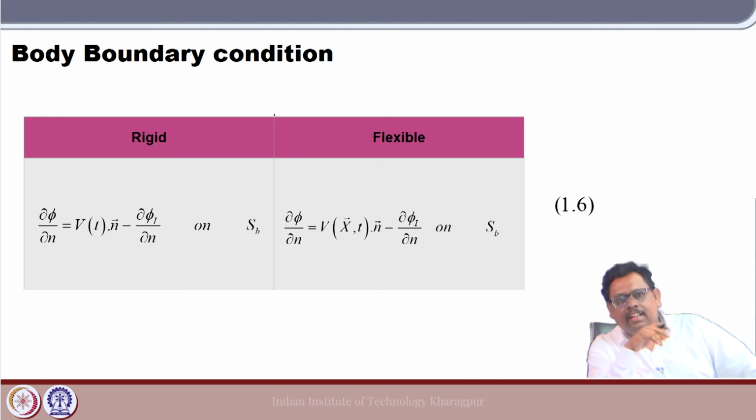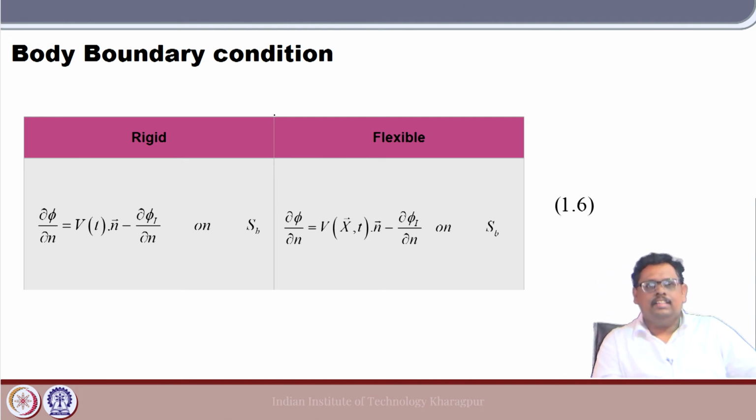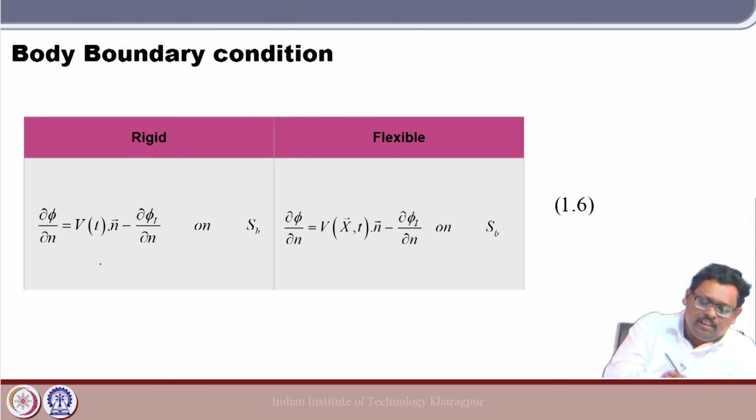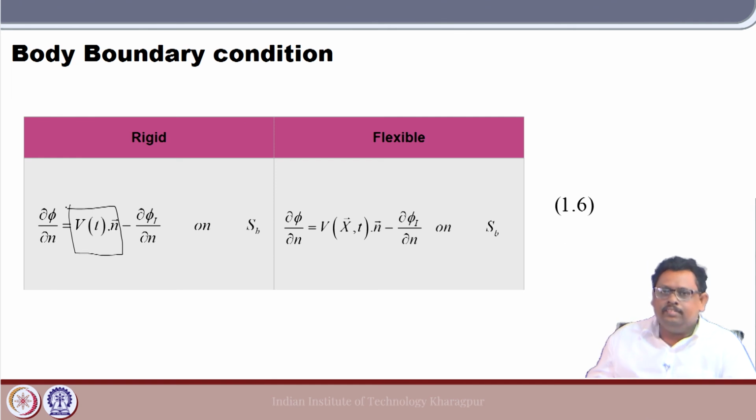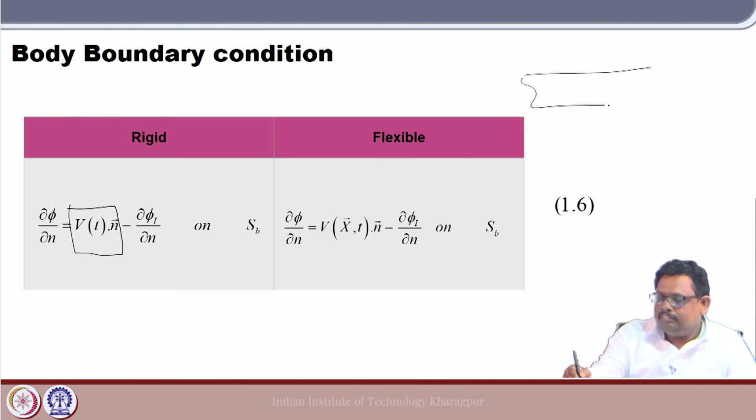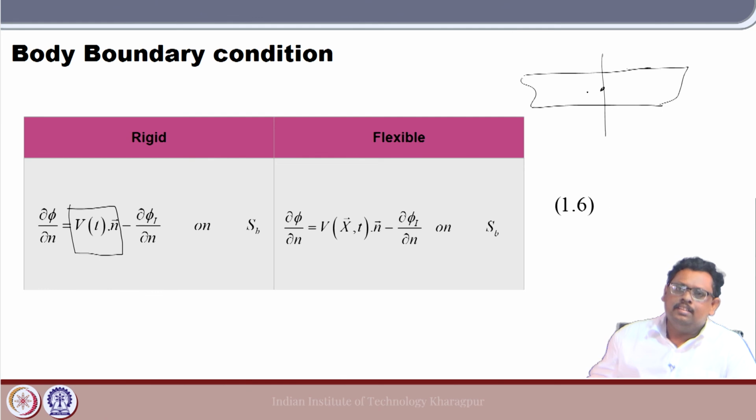Now, when you are writing the body boundary condition in the case of a rigid body, you can see that we are writing V into N. Now, this V is applied at the CG of the body. So, V is not a function of x.